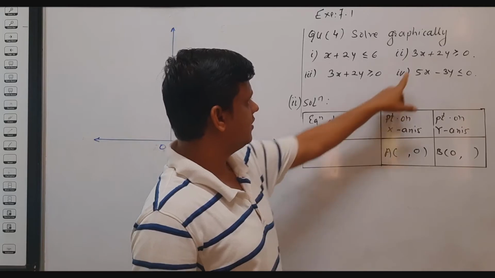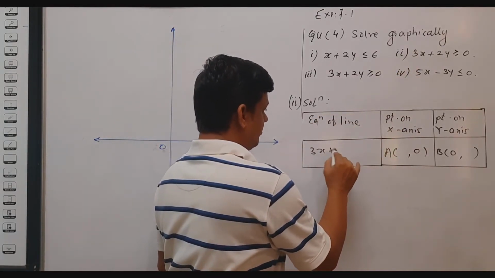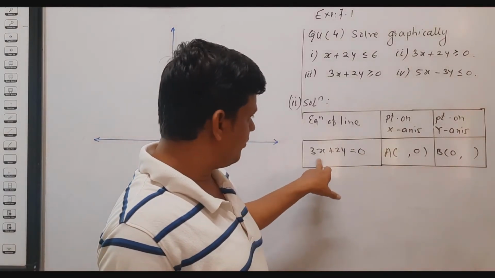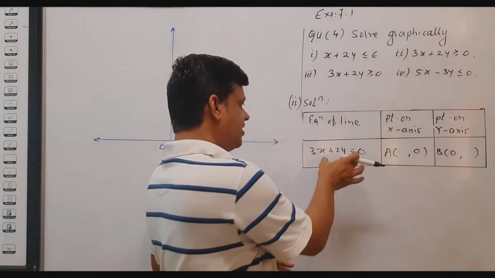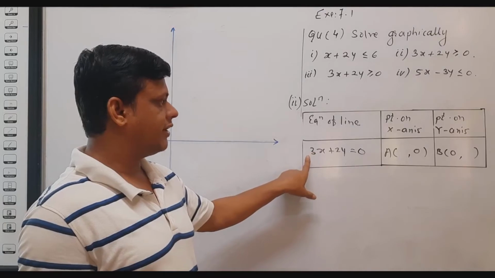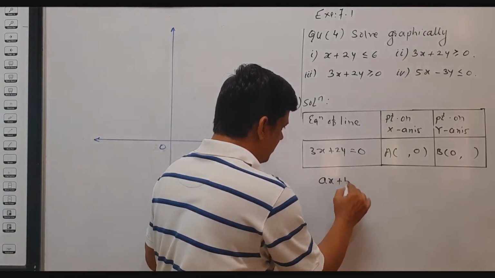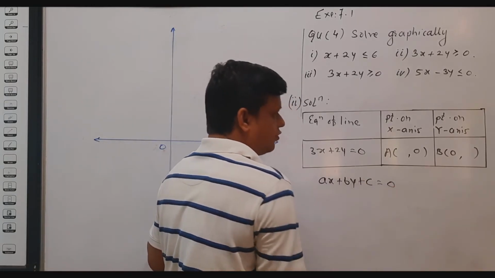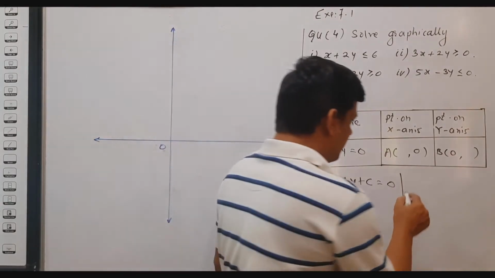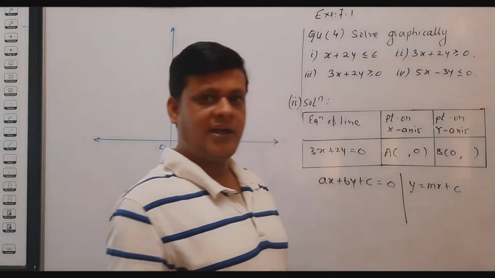Equation of line. From this we write the equation of the line as 3x plus 2y is equal to 0. Now if you observe here, this line passes through the origin. How to identify that the given line passes through the origin? We know the general equation of a line ax plus by plus c equals 0, and we also know the intercept form y equals mx plus c, where c is the y-intercept.